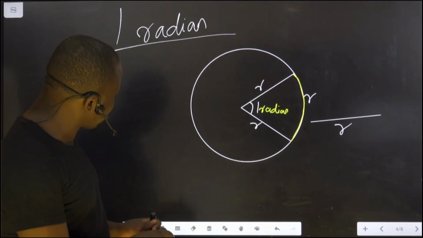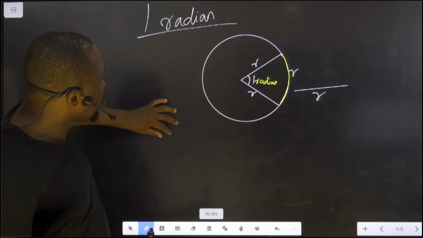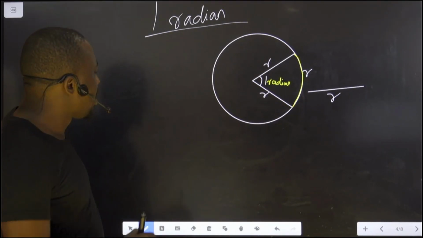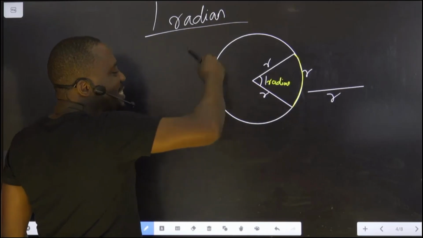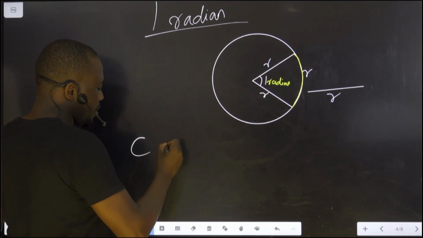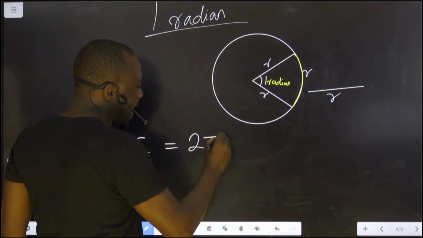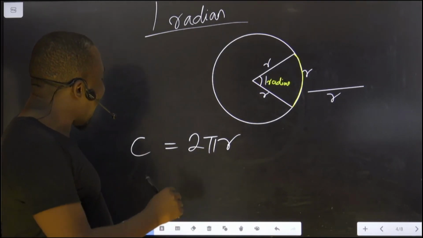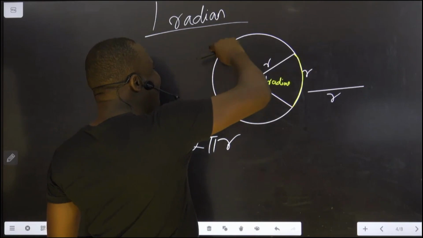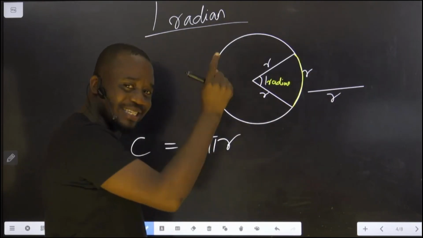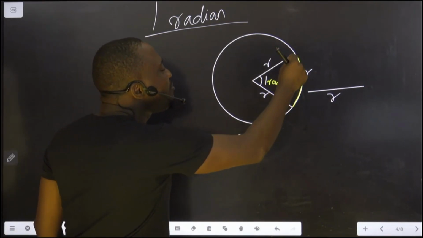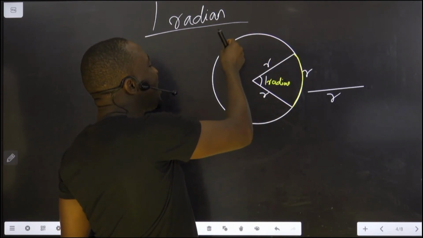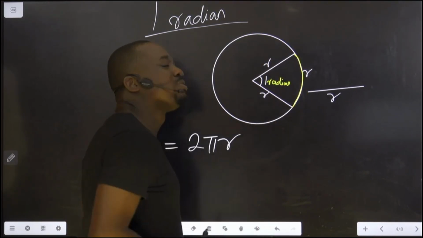To answer that question, we go back to your geometry. What is the circumference of a circle? We say it's 2 pi r. So now, this is the circumference, that is the length of this entire circle. How many of these radii can cover this circle?